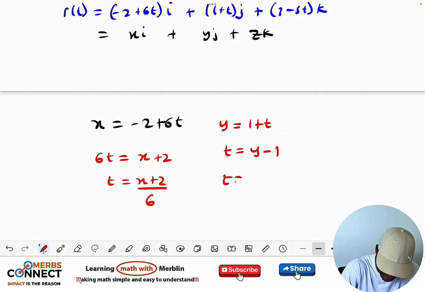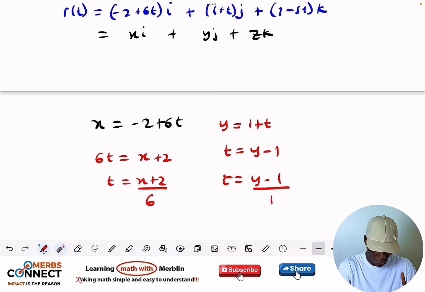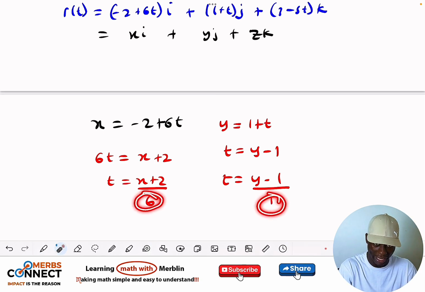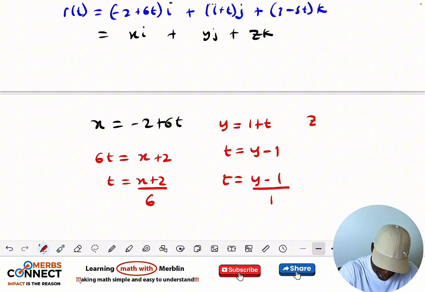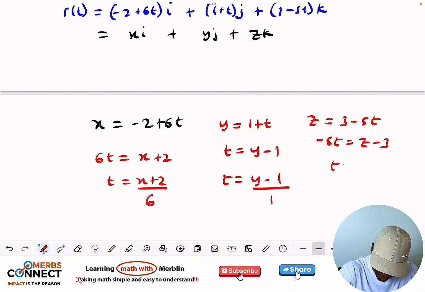Now y is equal to 1 plus t, and t will be equal to y minus 1, and t is equal to y minus 1 divided by 1, because everything that we are having here is a directional vector. When I finish, I will show you. Then z is equal to 3 minus 5t, so minus 5t is equal to z minus 3, and t is equal to z minus 3 divided by minus 5.